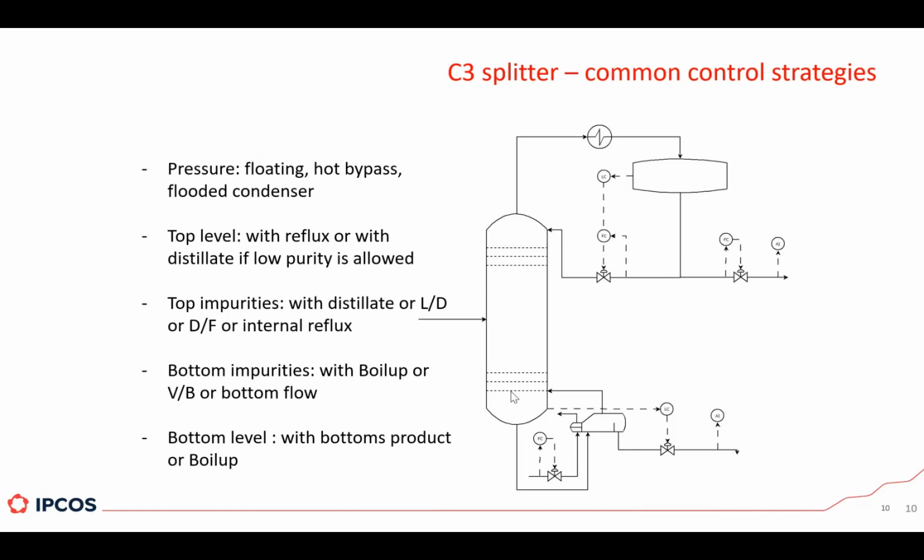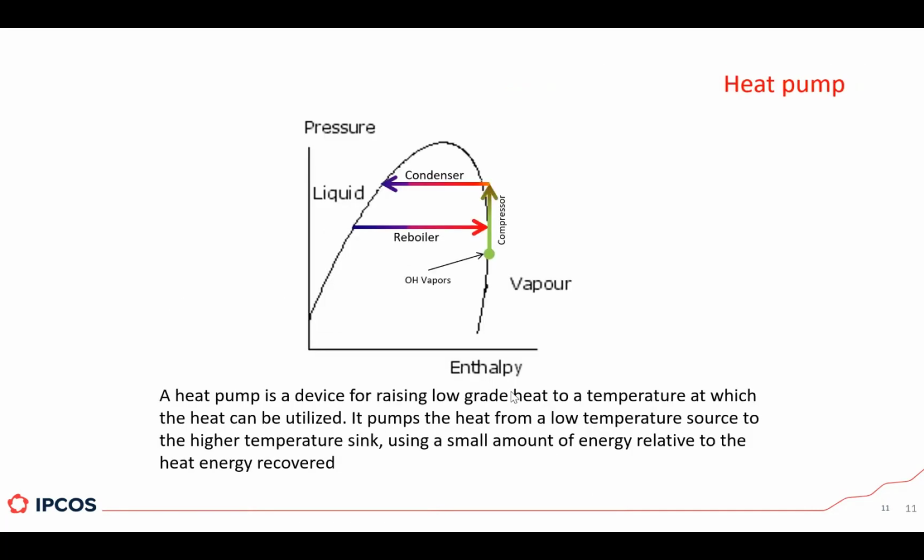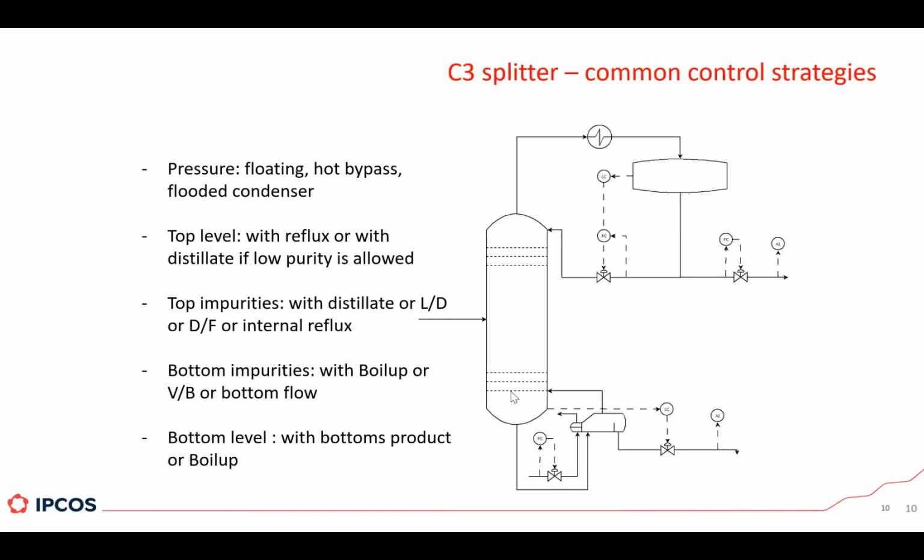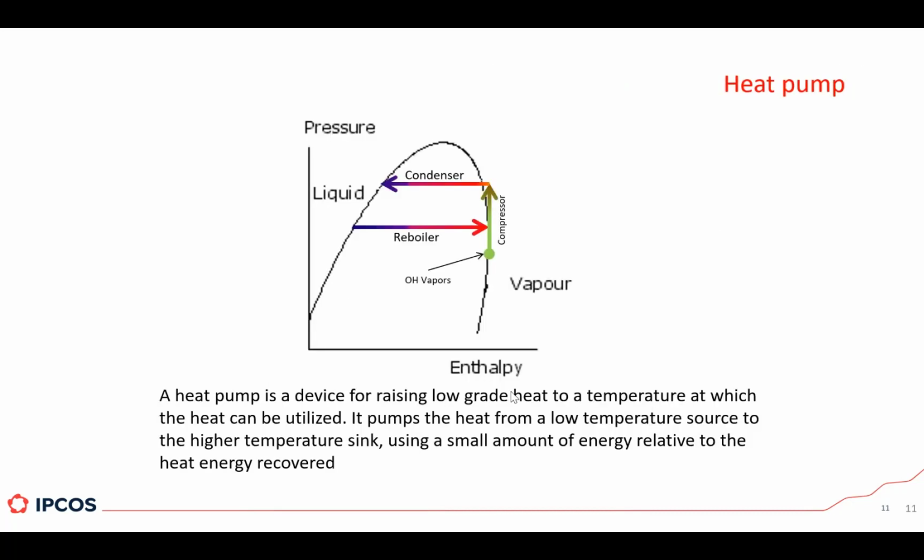So this is just to show the typical common control strategies, but all this changes when you have a heat pump. When you have a heat pump, well, first of all, what you're trying to do is use the heat of vaporization, the latent heat of the mixtures that you're separating, as the source of heat for the column itself. So the strategy, for those who are not familiar with a heat pump, is to take the vapors from the overhead, as is shown here.